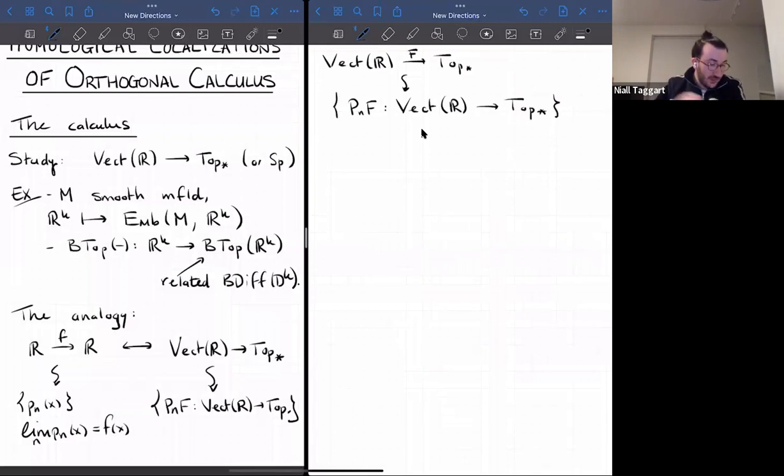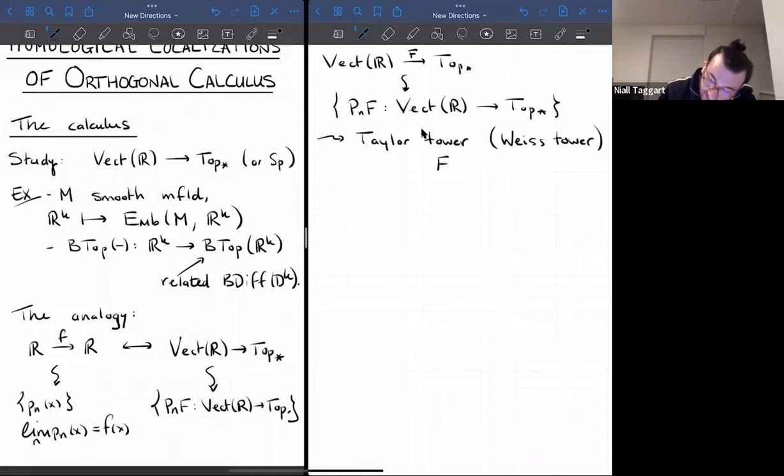So the analog of a Taylor series is then a Taylor tower. And since orthogonal calculus was first invented by Michael Weiss, sometimes it's called a Weiss tower, depending on what you read.